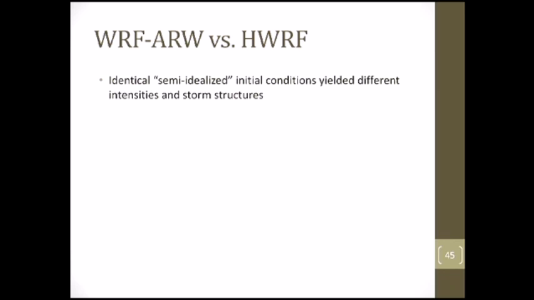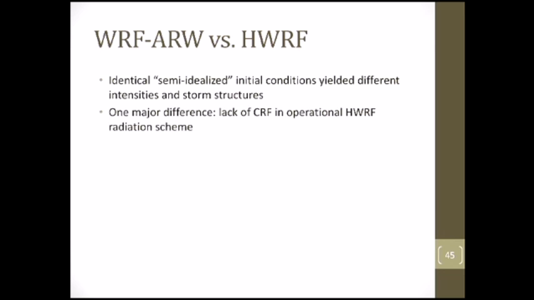And they produce very, very different tropical cyclone intensity and structure and size in a way that was very perplexing, okay? Well, one of those reasons was the lack of cloud-radiative forcing in the HWRF radiation scheme. So we were able to basically get past that and understand that, but that wasn't the entire difference.